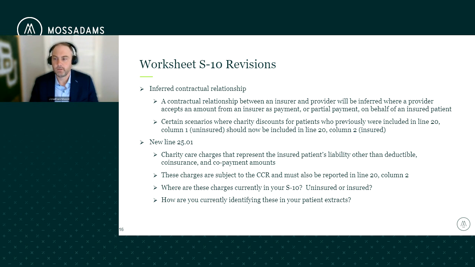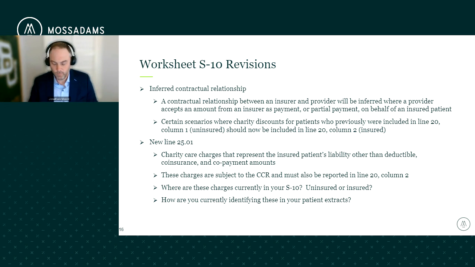When you fill this out for the first time, are you identifying these amounts? I think if you end up not having any amounts for this line, that could be a red flag. There could be financial assistance policies where you may not have it, but in a lot of cases you will have these discounts, and you just have to make sure that you're recording them appropriately on S10.